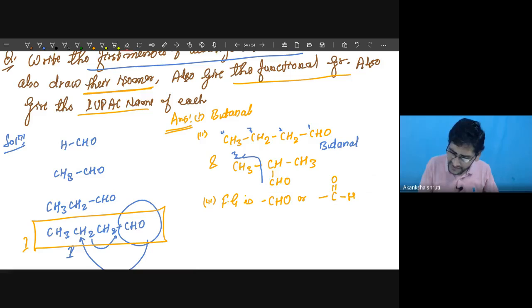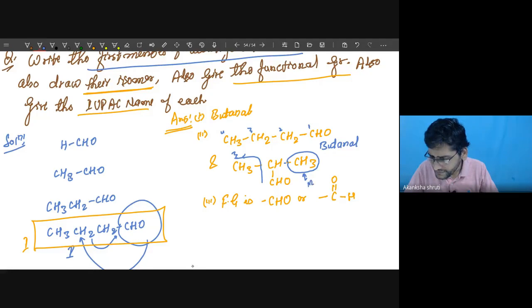Then in this case, the other will act as an alkyl, meaning a prefix. So it is the structure for methyl, and this has to be added before this. And since the aldehyde is always present at the end or the beginning, the 1 is not required. So right, it is our methyl.